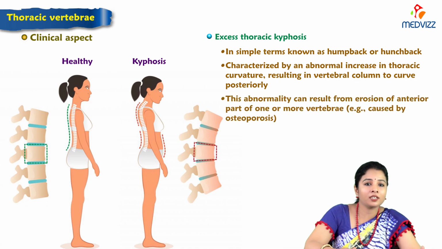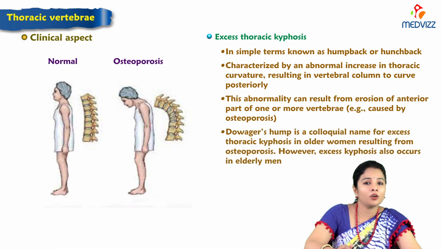This abnormality can result from the erosion of the anterior part of one or more vertebrae. And in women, due to older age and osteoporosis, this excessive thoracic kyphosis is termed dowager's hump, and this kyphosis may also occur in elderly men too.